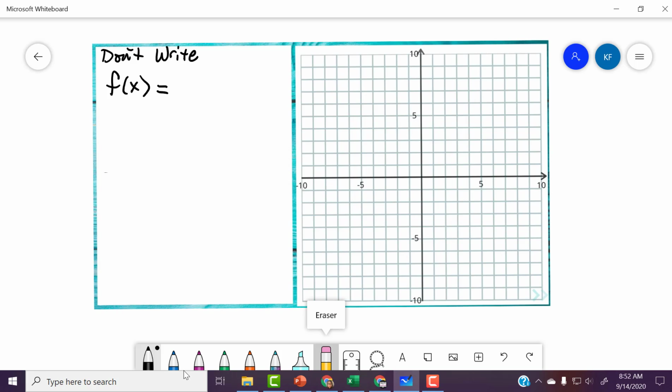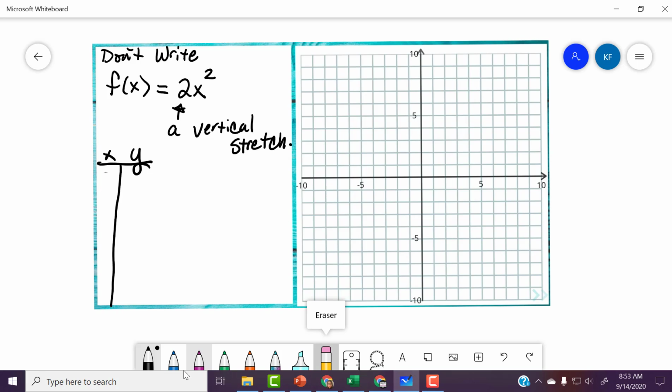And this time I'm going to use, let's use 2 as my A value, which is the vertical stretch. So here's my parent function. And I better label things so you know exactly where they're coming from.